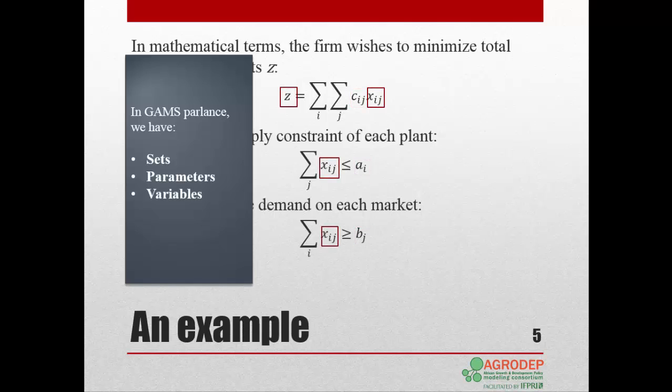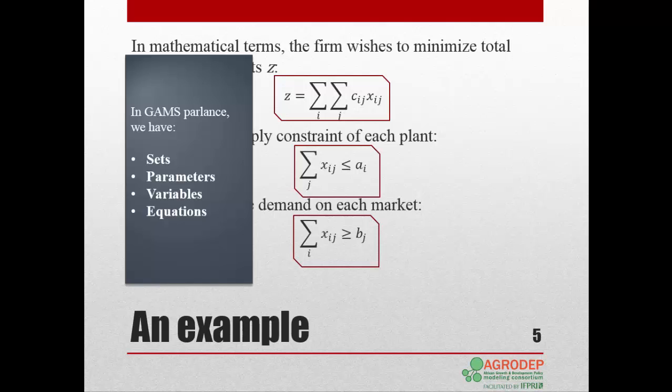Variables represent values to be determined by solving the model, such as Z, the total cost of transportation, and Xij, the shipment from plant I to market J. Equations represent the formulation of the problem to solve and include the total cost of production, the supply constraint, and the demand constraint.